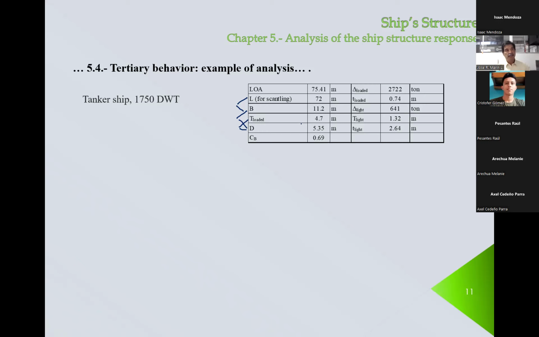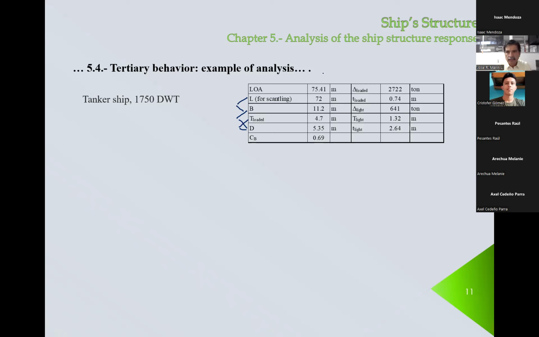The reason for that is that the cargo is so large that the inertia is so high that they don't move much. Since the load is there, the KG is relatively low. So still the GM in the loaded condition is a good one.